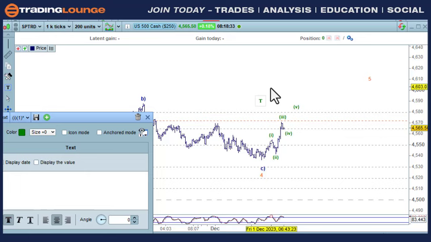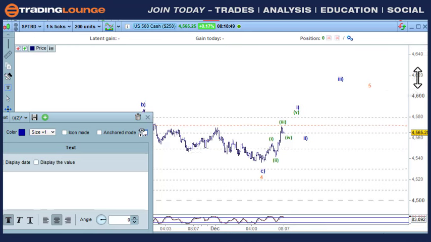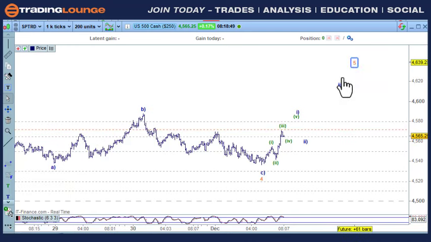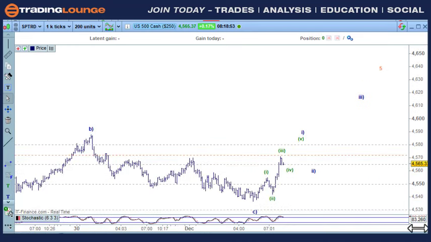So wave 5, and that will give us, let me find this thing, so wave 1 and wave 2 here. So what we'll see here will be a little correction after all of this is said and done here.